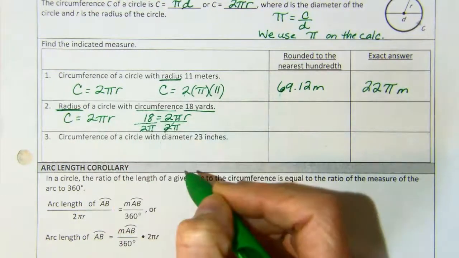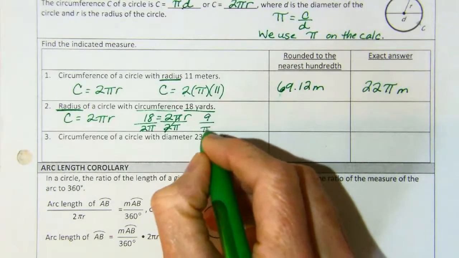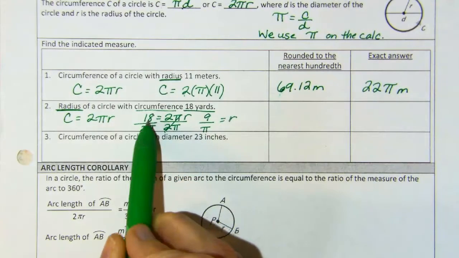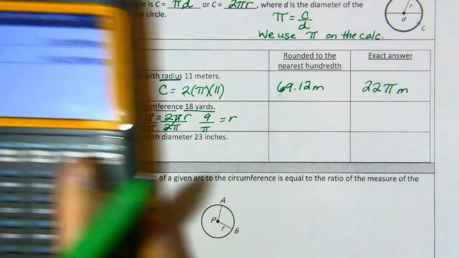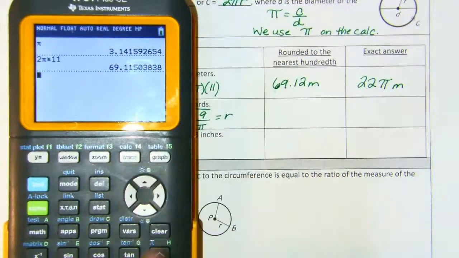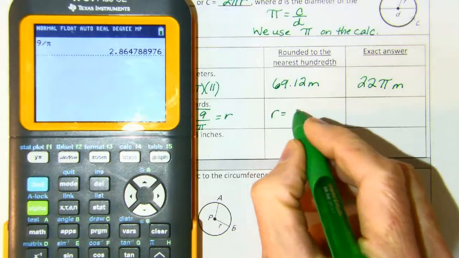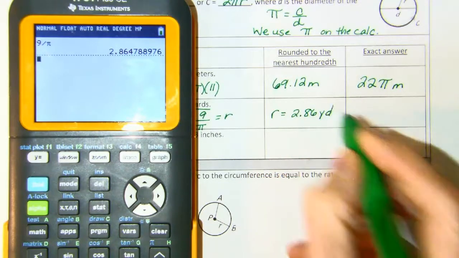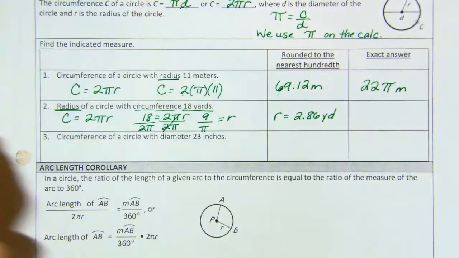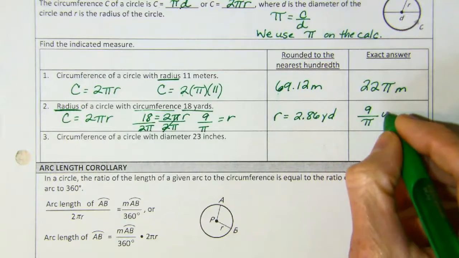Those are going to cancel out, and the radius is going to be 9 over pi equals r, because the 18 and the 2 simplify down to 9. So on the calculator, we would say 9 divided by pi, and we would simply say the radius equals 2.86 yards. But the exact answer would be 9/pi yards.